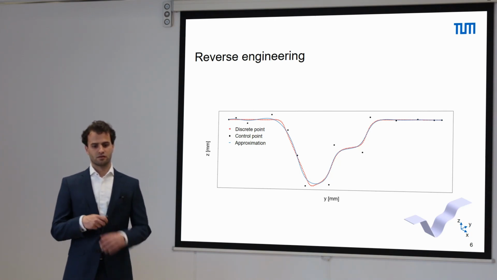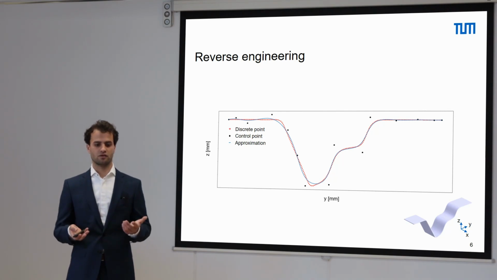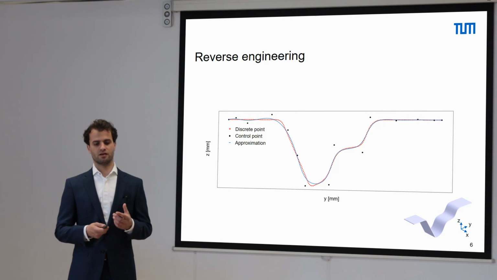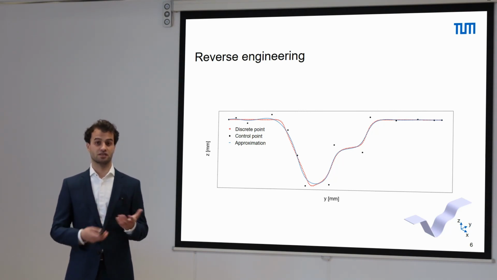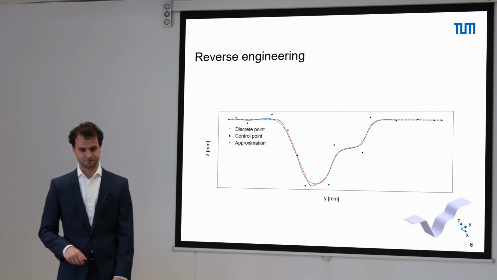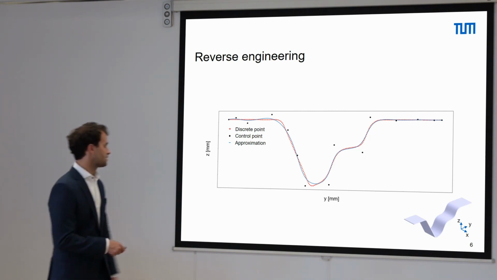And the reverse engineering approach was to add control points and redesign or get a representation of my part in continuous data using the mathematical description of splines. And therefore I did a spline approximation.